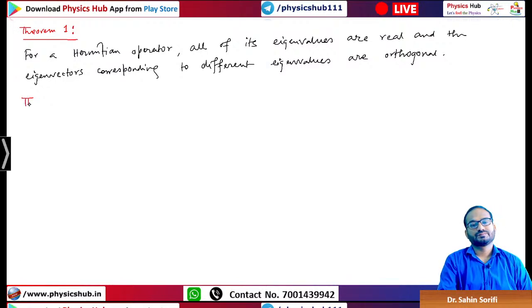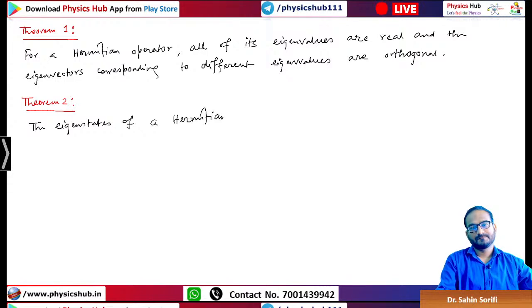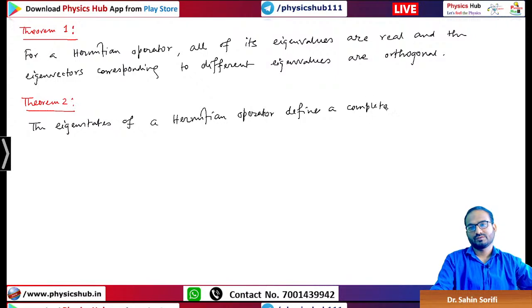Let's go for theorem 2. The eigenstates of a Hermitian operator define a complete set of mutually orthogonal, means each one will be orthogonal to other.